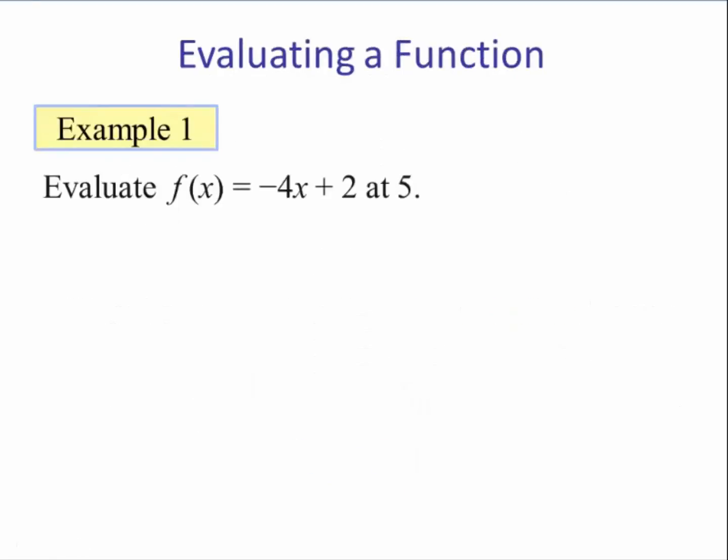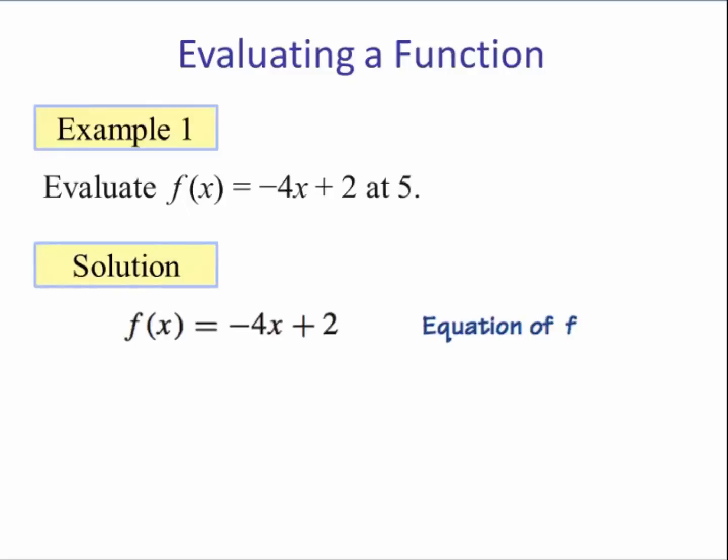Evaluating a function. Example 1. Evaluate f of x equals negative 4x plus 2 at 5. So we begin with our equation. We want to know what the y value is when x is 5, so we substitute 5 in the equation everywhere we see an x.